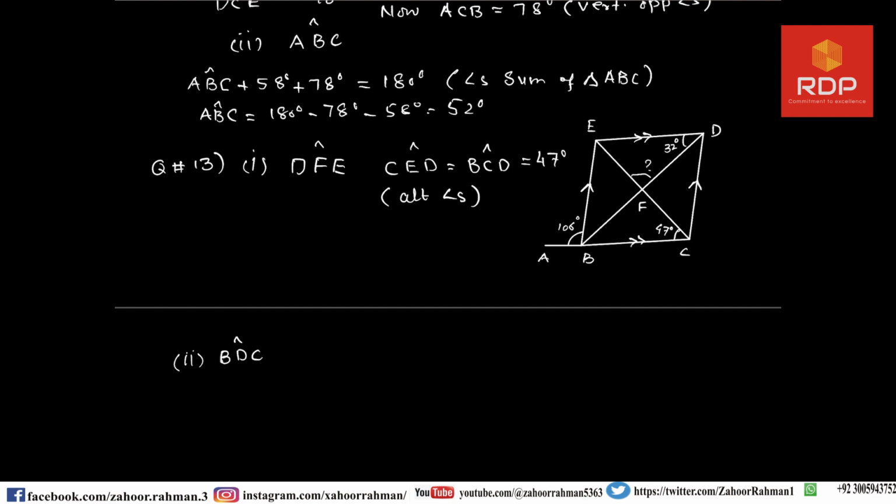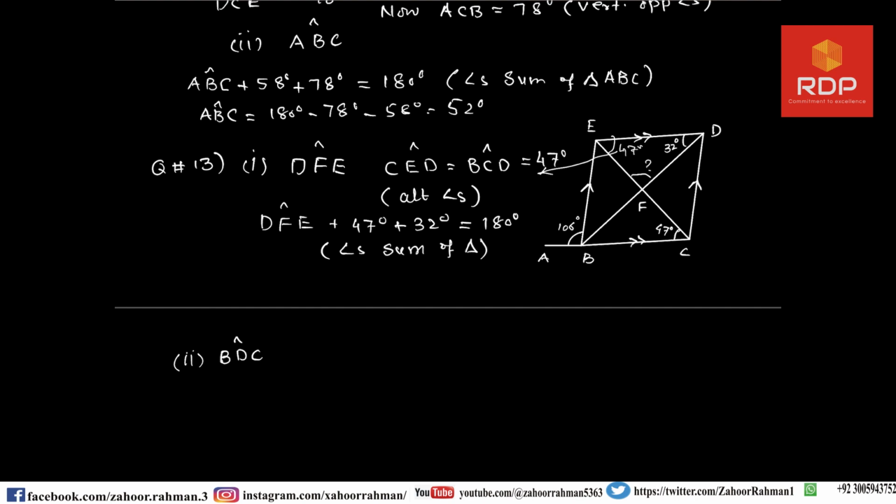Now we found this angle to be 47, and that is from here. So now we can find this DFE. DFE plus 47 plus 32 degrees is equal to 180 degrees, and that is the angle sum of a triangle.